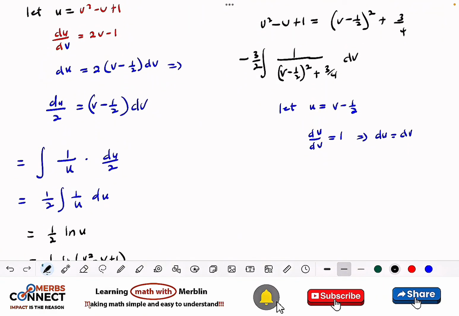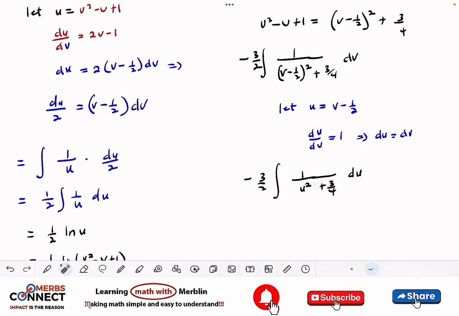And what are we going to get? This is now minus 3 on 2 integration of 1 divided by, the whole of this is u, so I'm going to have u squared plus 3 on 4 du, because dv is the same as du.